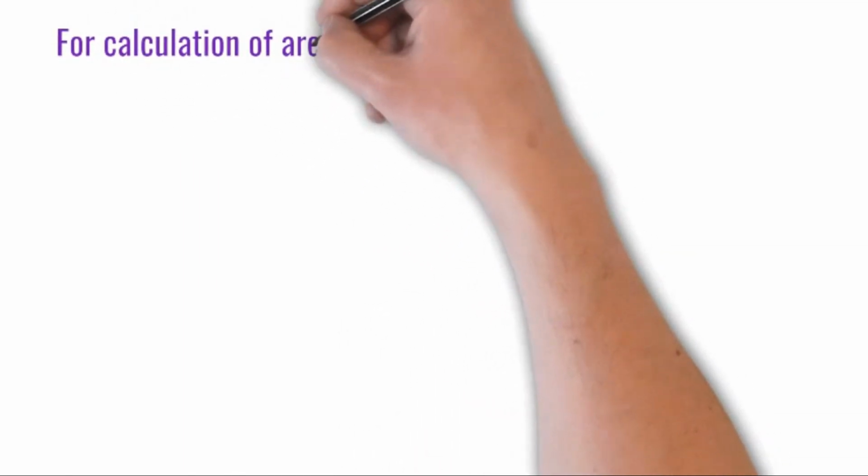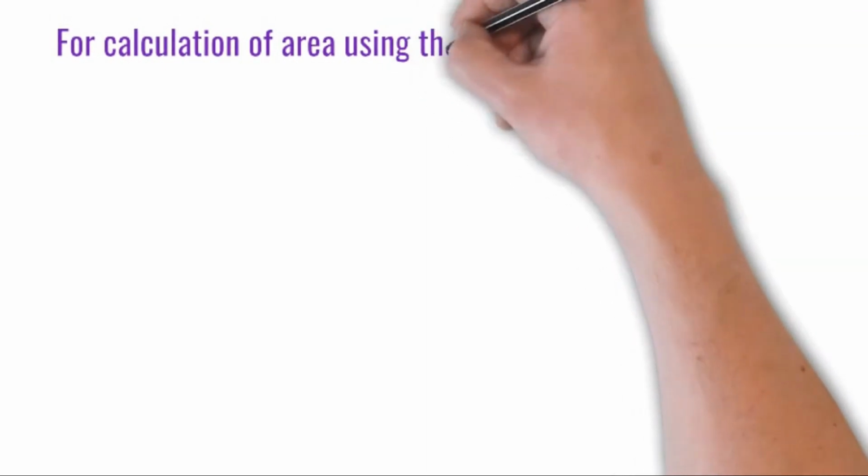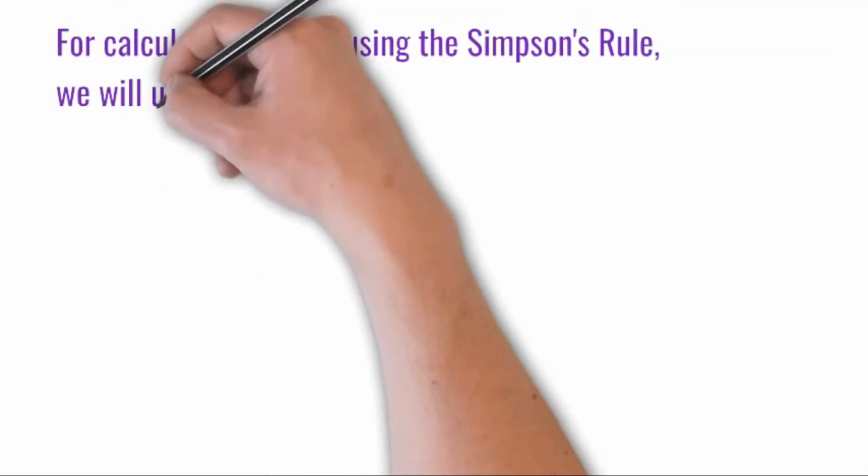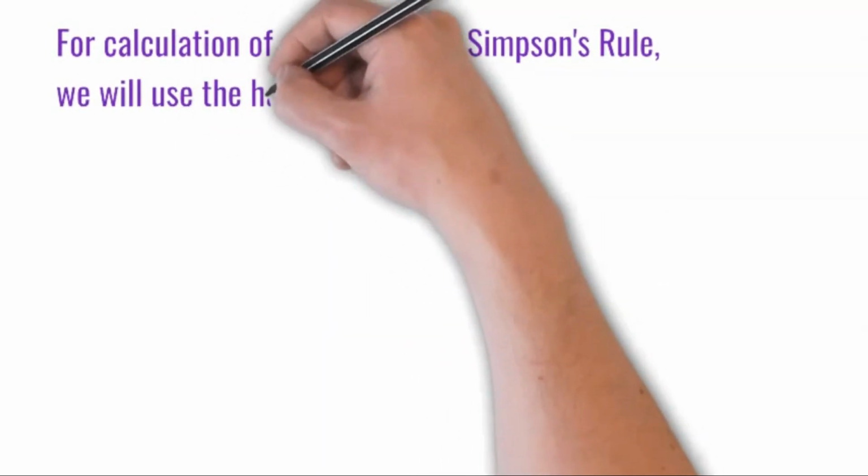For calculation of area using the Simpson's rule, we will use the half of the WPA.